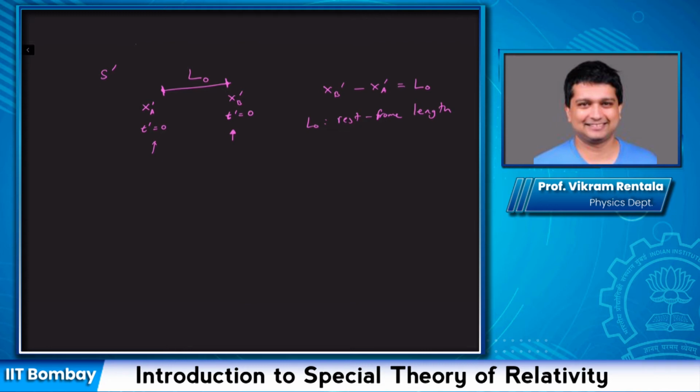Now, using our dictionary of special relativity, we know that the coordinate position of the rod, of one coordinate, as measured in the frame S prime, is related to the coordinate position as measured by the ground observer, we'll call that XA, through this relationship.